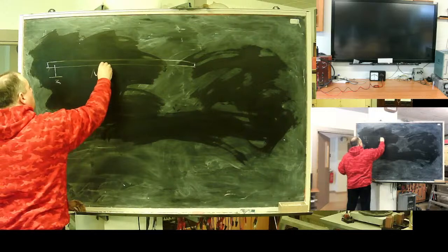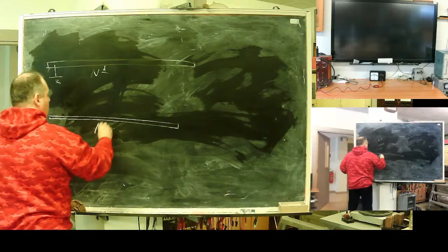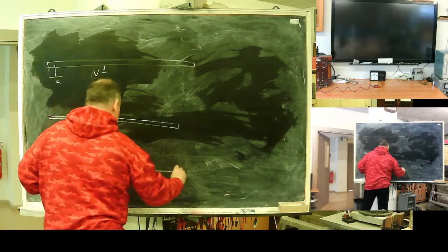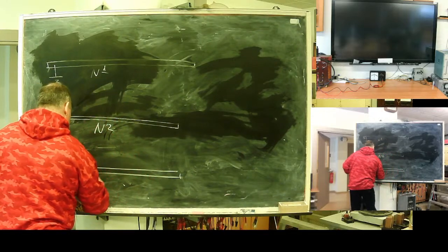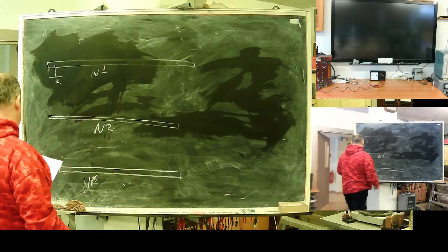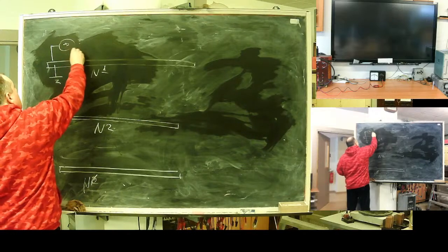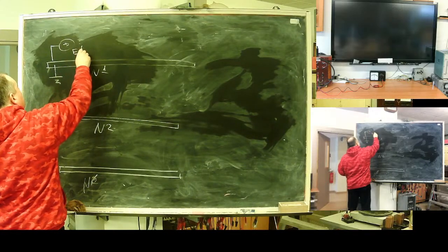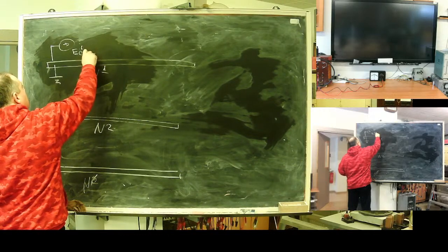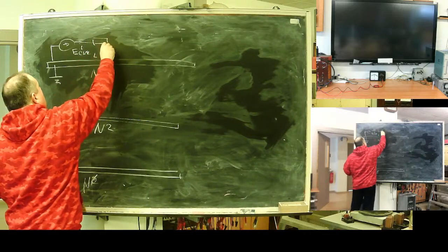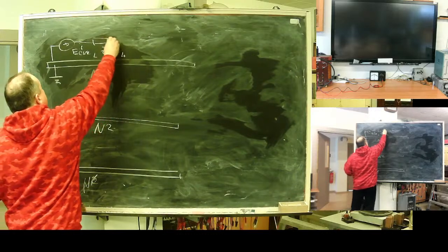Ground, common wire for direct sequence, common wire for negative sequence, and common wire for zero sequence. Equivalent EMF of direct sequence for the left side and equivalent resistance for the direct sequence for the left side.